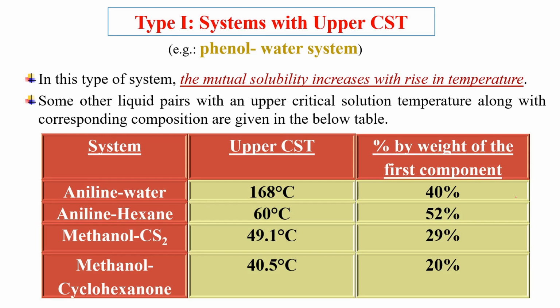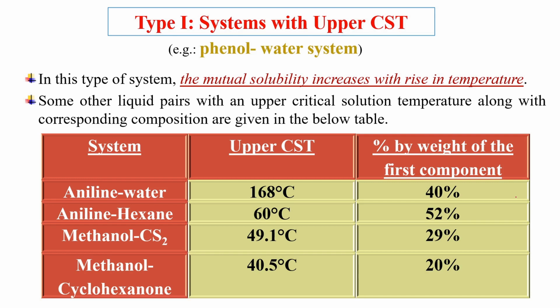Aniline and water shows a critical solution temperature at 168 degrees centigrade with a composition of 40% aniline. Coming to the aniline and hexane, the critical solution temperature is 60 degrees centigrade with 52% aniline by weight.